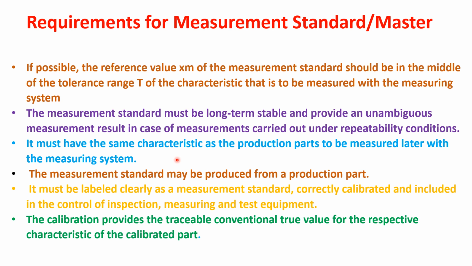So the same characteristic should be taken for the study. You can have the measurement master made by grinding or by the tool room, or you can take it from a production part, and that should be calibrated, clearly labeled, and the calibration value or true value should be identified on the master.